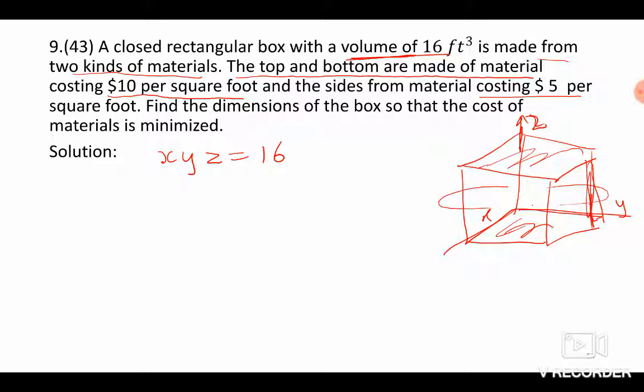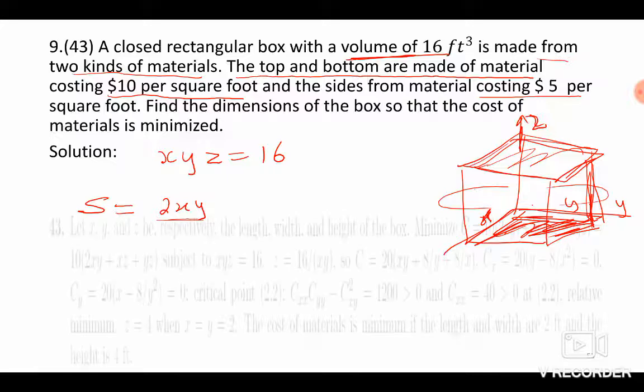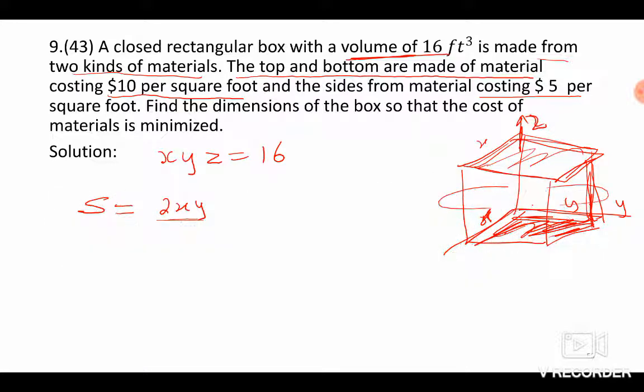So out of the total surface area, we are going to find the surface area. The bottom surface area is x times y, and the top is also the same area, so 2 times xy is the total area of the top and the bottom, because this is again x, this is again y, so xy, again xy in the bottom, 2xy.